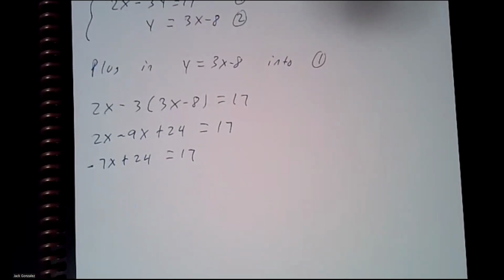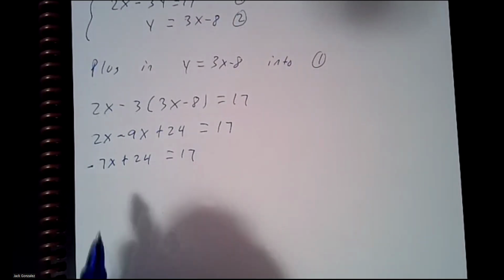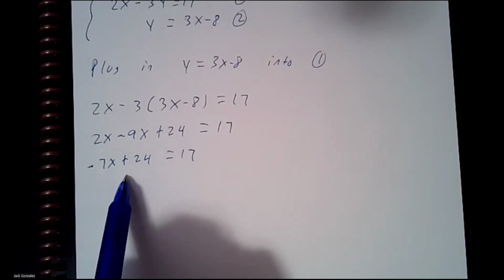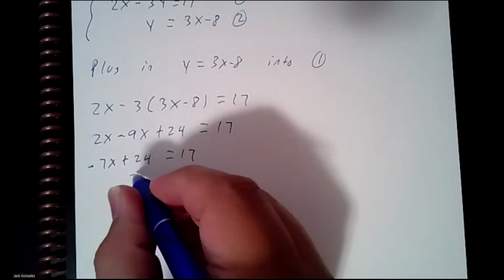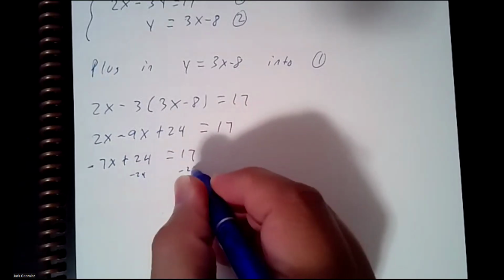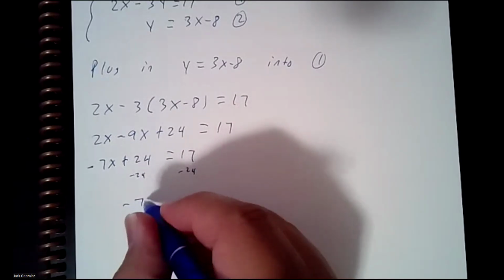Okay, combine like terms. 2 minus 9 is -7. 24 is still there, so I'm gonna move this 24 over by subtraction. So -7x equals.